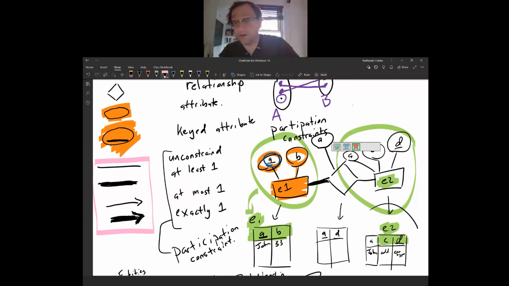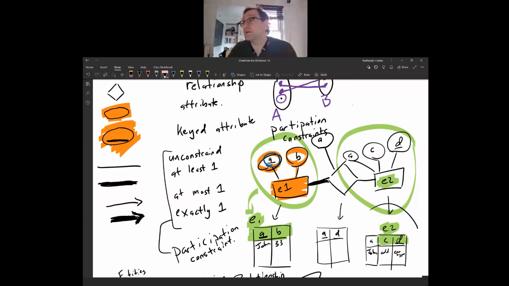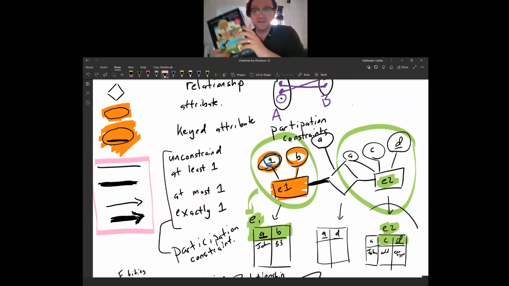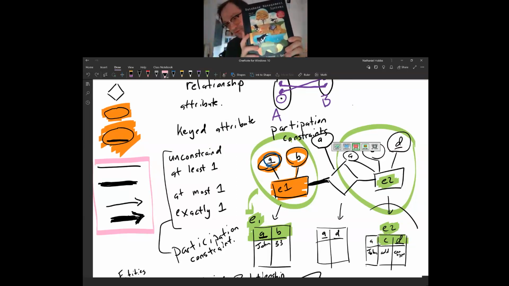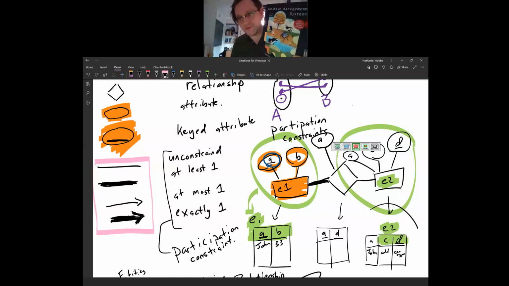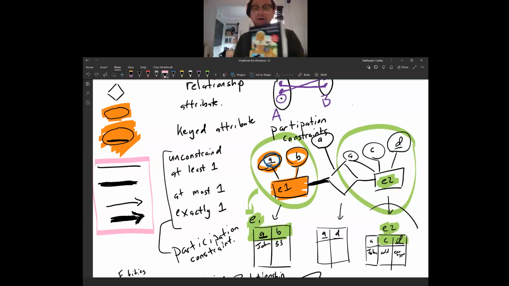I should mention that if you've been exposed to ER diagrams before, that's fine. The ER diagrams that I'm teaching in this class are the ones that come from this book. It's the same thing as far as the ER diagrams go. It's just a different notation. I'm using a particular notation here.